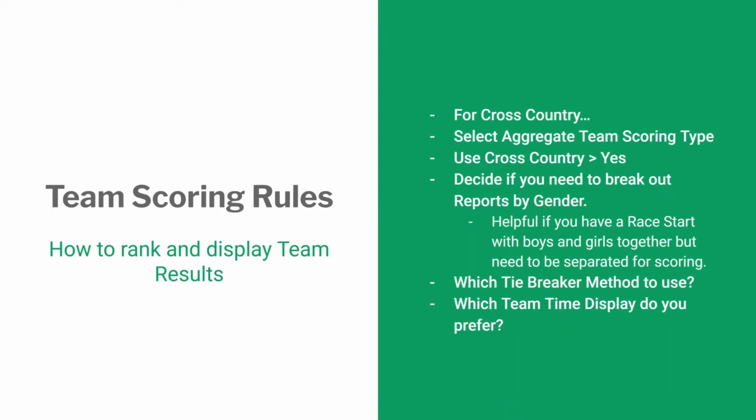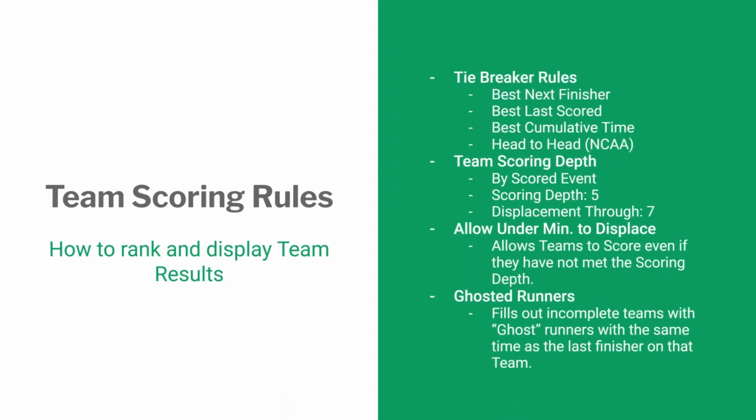It defaults the reports that get built, so they're always split out by gender. You can do that manually through filtering and reports if you wanted to, but it just makes it a little bit easier this way. And a few other things: which tiebreaker method to use, which team time display you prefer, and I can show you a little bit more about those next.